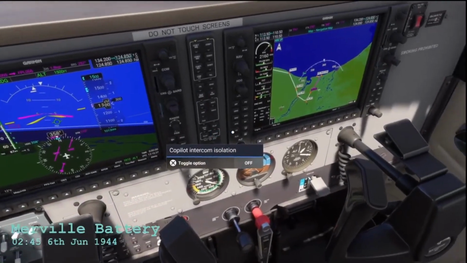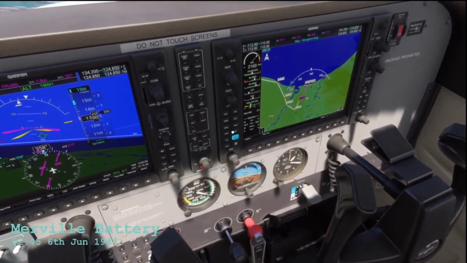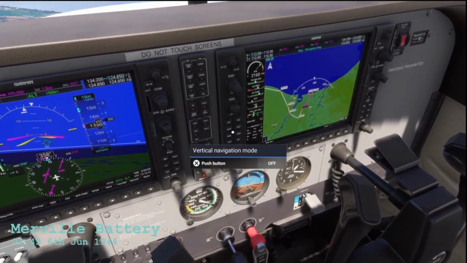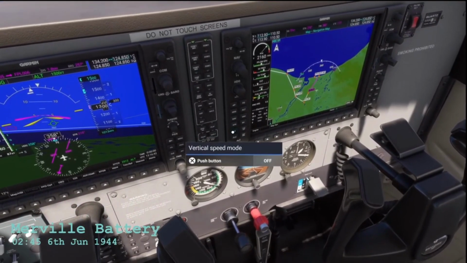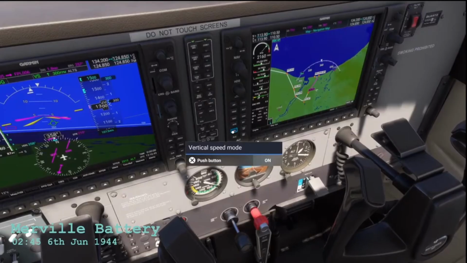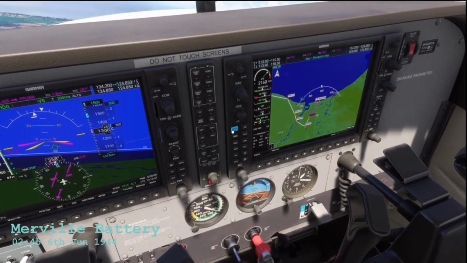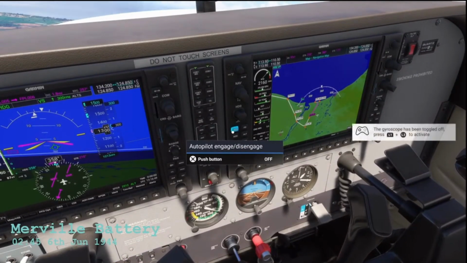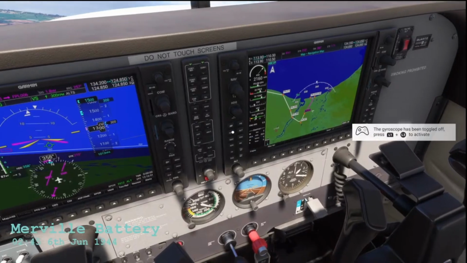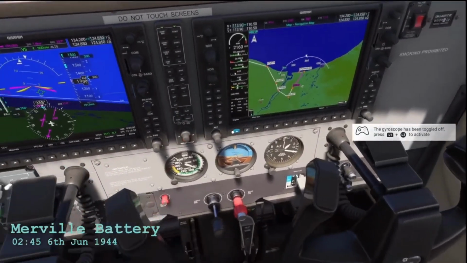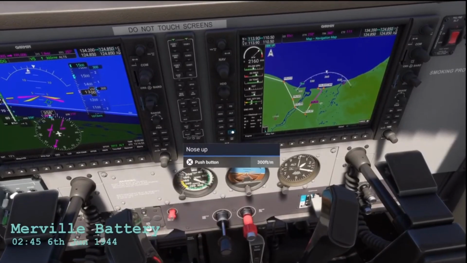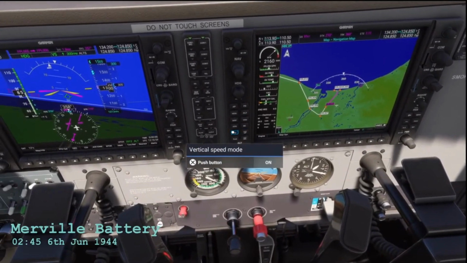Just set the altitude. Yeah, it's doing this thing again. I get a little bit frustrated sometimes with this autopilot.